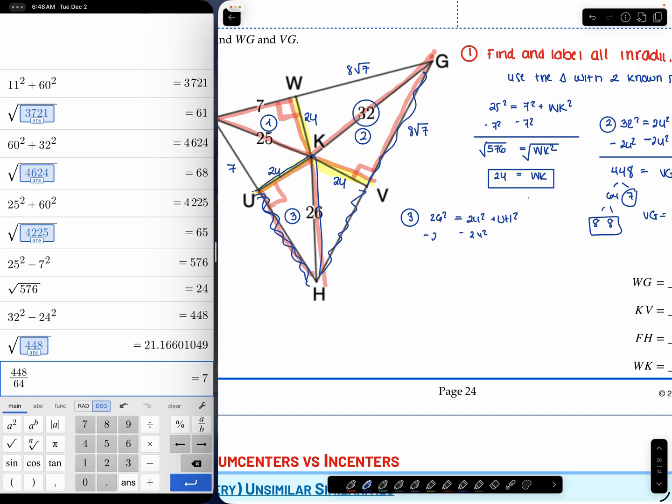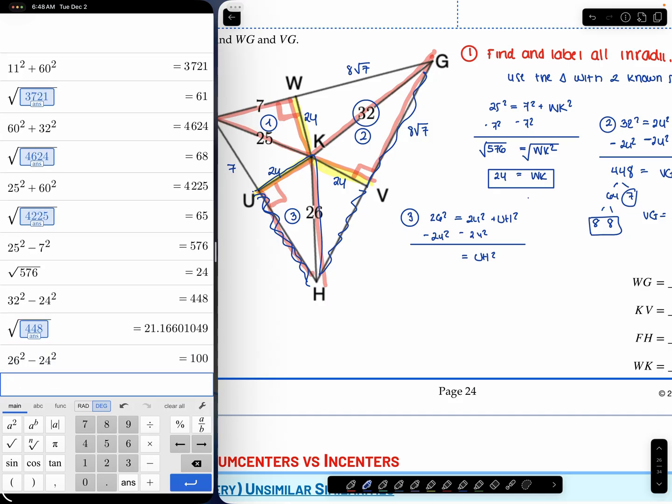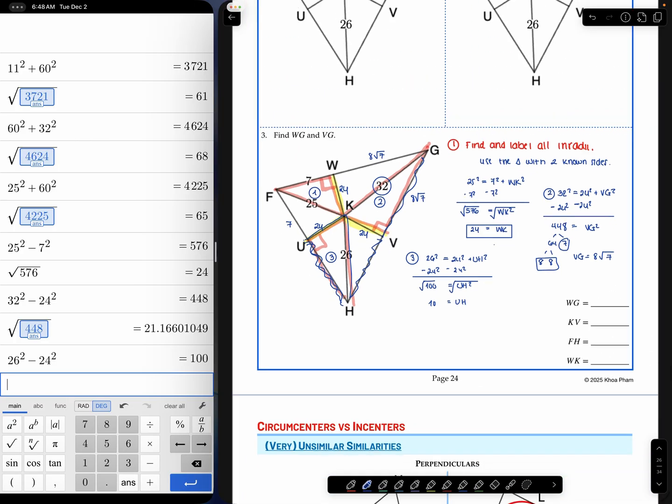Subtract off 24 squared to get UH squared, which is 100. The square root of 100 is just nice old 10. And so we are done here.